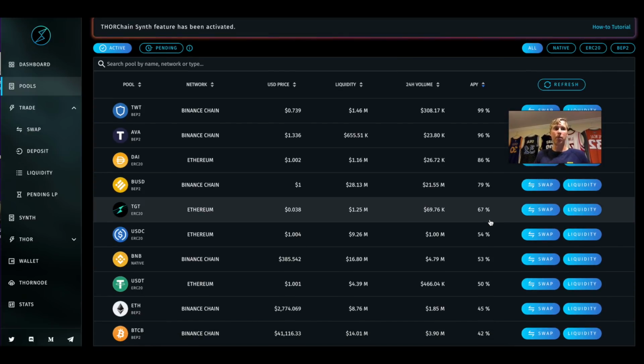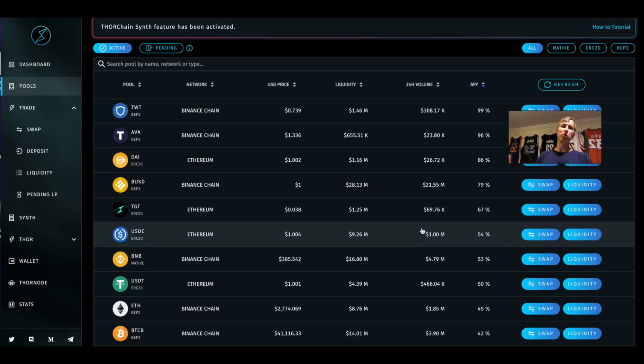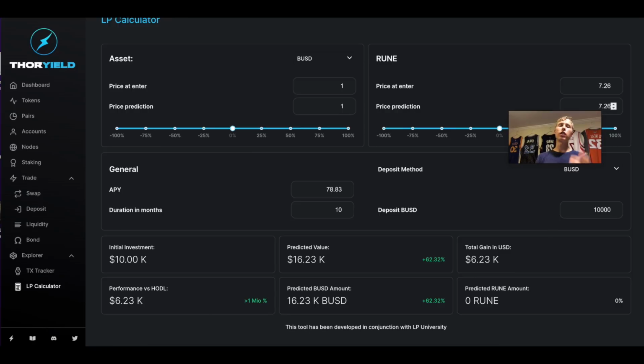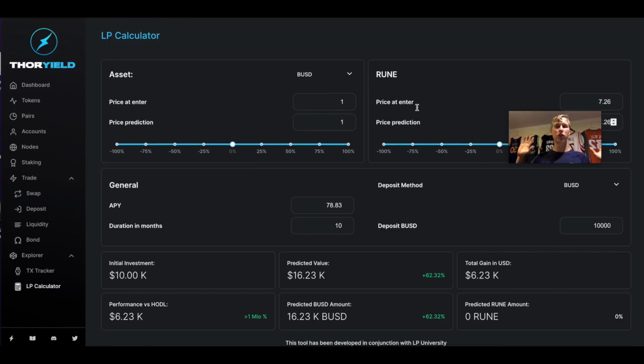I gotta show you this calculator because some people be sleeping. They're like, nah, this is trash, this is garbage. Okay, we're gonna go over to Thor Yield. Let's just do a theoretical example. Let's say I have BUSD. It's earning 78% APY, and I'm gonna enter in at $1.